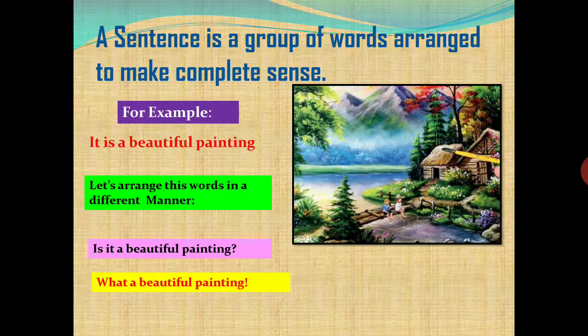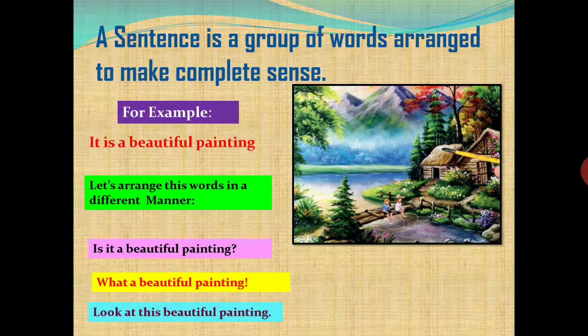The next one is, "What a beautiful painting!" In this one, I tried to express it by telling that, what a beautiful painting. Here, I am trying to tell you to look at it. I am expressing my feelings in front of you. And the last one is, "Look at this beautiful painting."